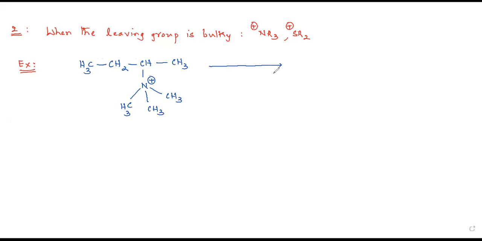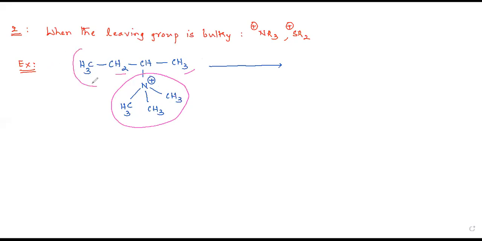Consider this. Now you got a bulky group as the leaving group. Even here also, of course, you got two options.